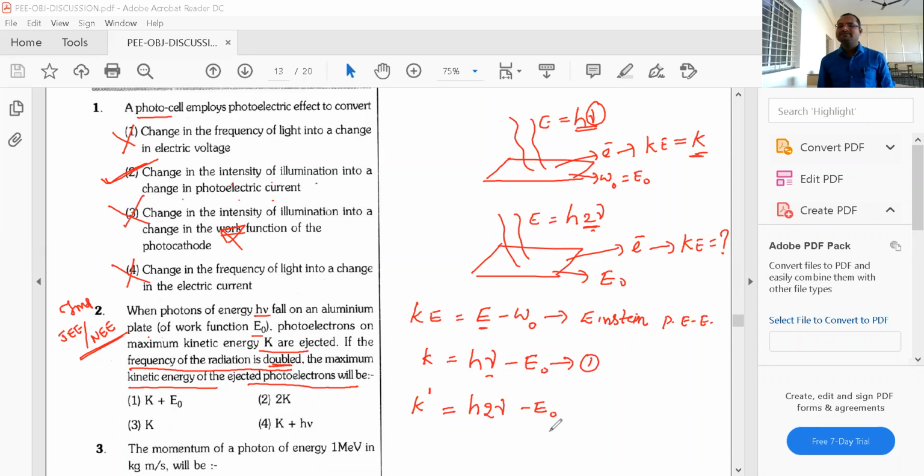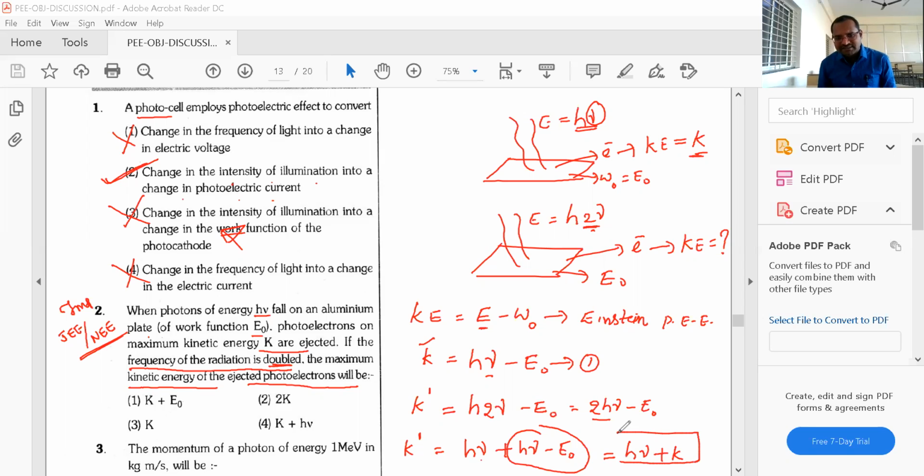Are you understanding what I am doing? So this becomes 2h nu minus E naught. I am writing 2h nu as h nu plus h nu, minus E naught. Can we write that? Yes. Now h nu minus E naught is the kinetic energy K given in equation 1. So K dash becomes h nu plus the initial kinetic energy, which is your final kinetic energy: K plus h nu. Where is it? Option 4.